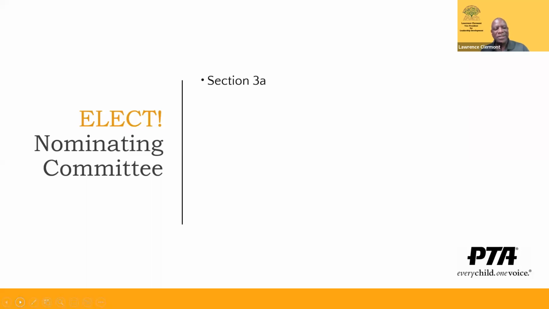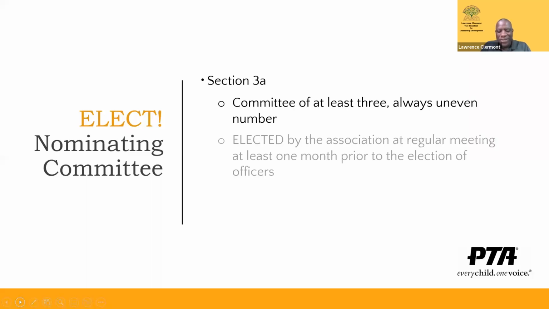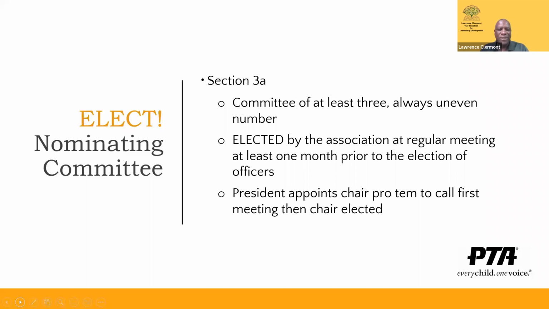Right, electing your nominating committee, and this is in Section 3A of the bylaws. Now, your nominating committee must consist of at least 3, and in your bylaws currently, it will say 3 or 5 members, and it's always going to be an uneven number. The nominating committee is elected by the association at a regular meeting held at least 1 month prior to the election of officers.